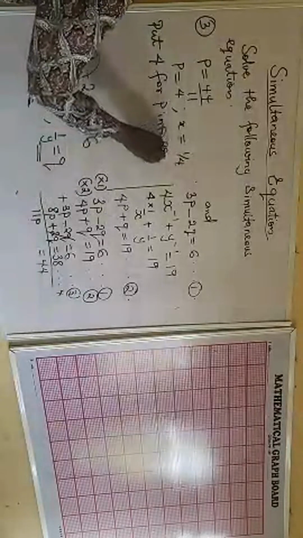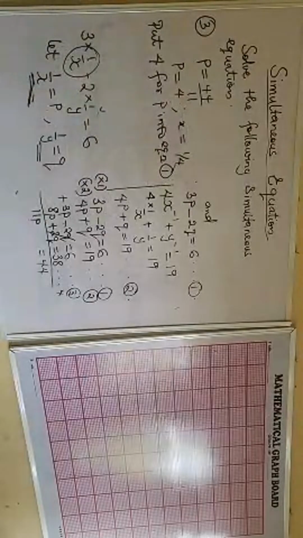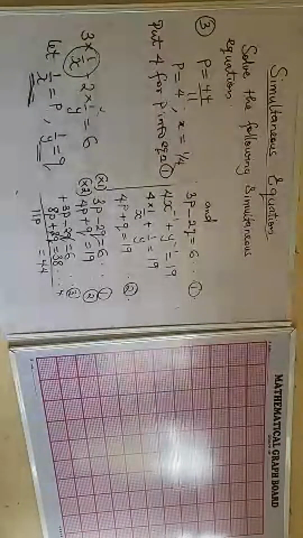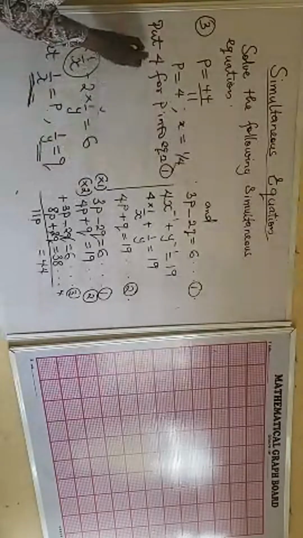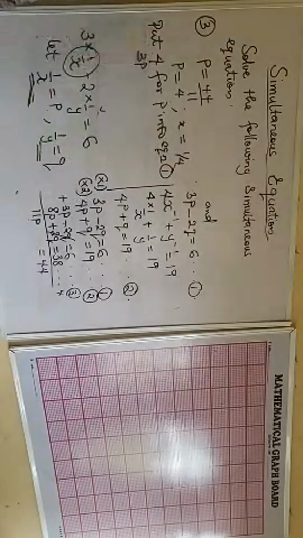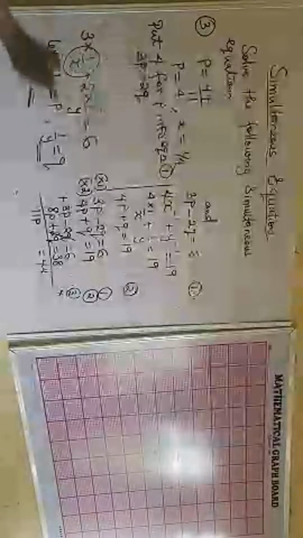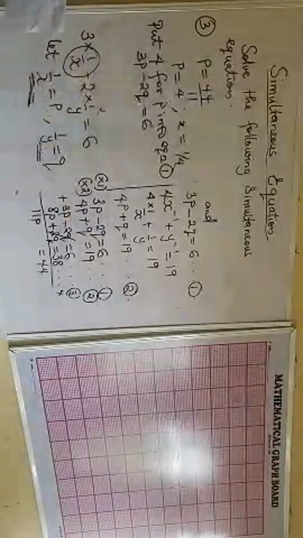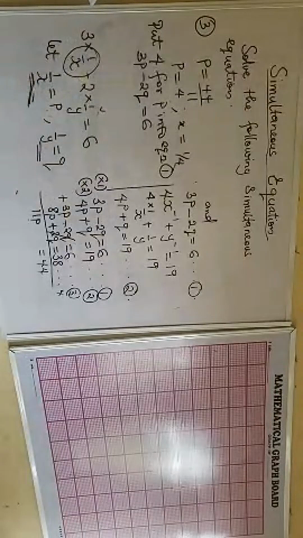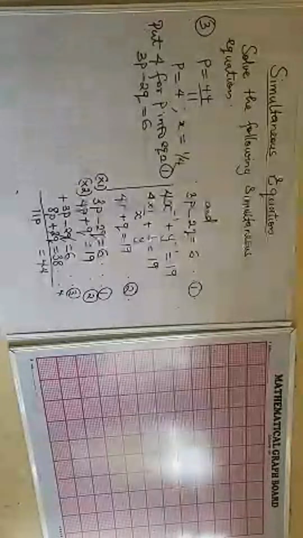So let me say equation 1. Let me put it into equation 1. And what equation 1 is telling me is 3P minus 2Q is equal to 6. 3P minus 2Q is equal to 6.